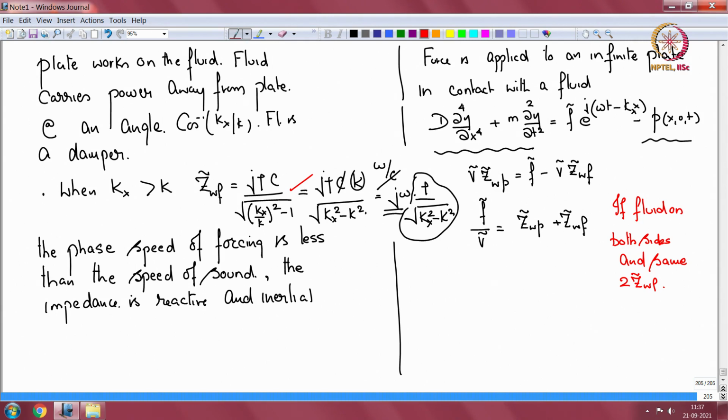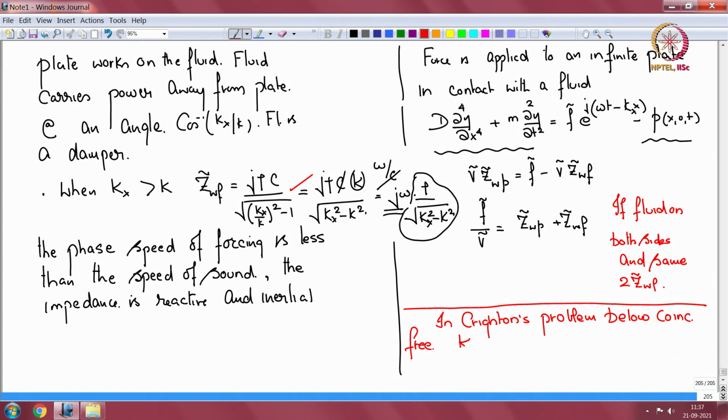Now we have seen in Crighton's problem, let's say below coincidence, the free bending wave number kb or kp becomes kp plus delta.